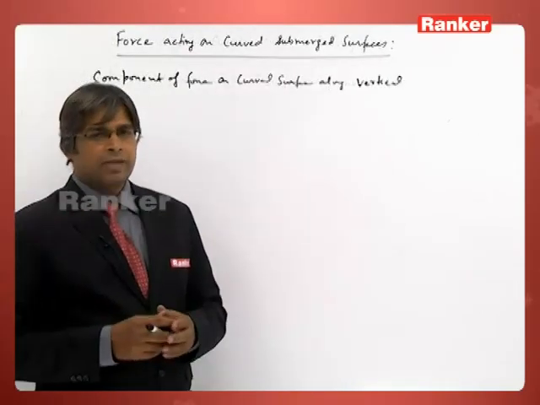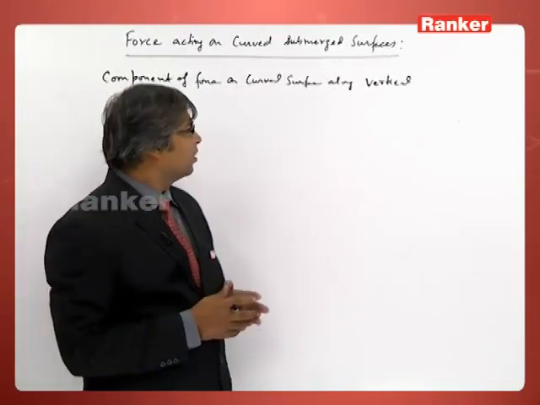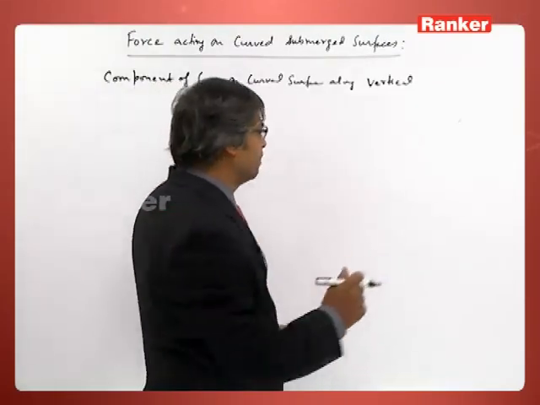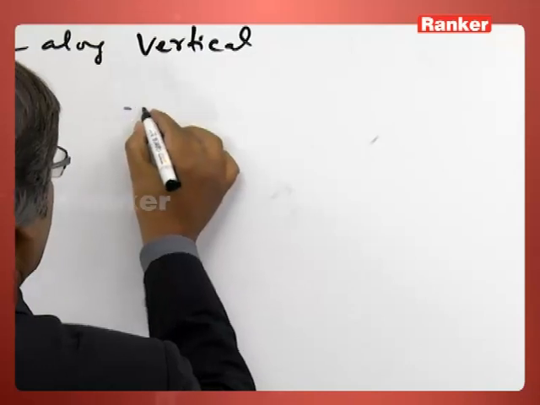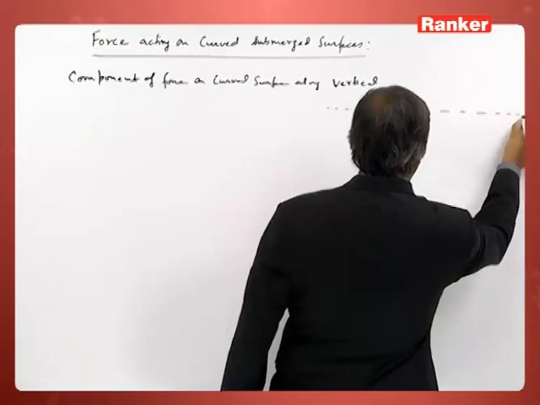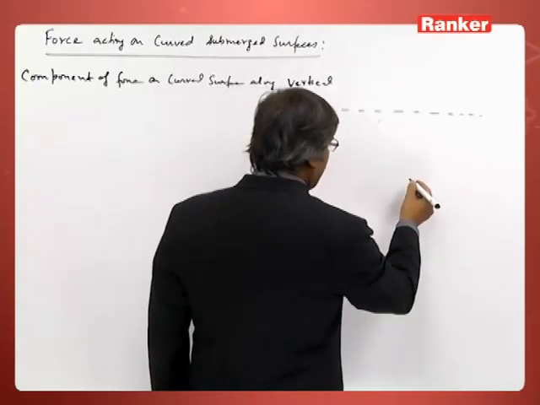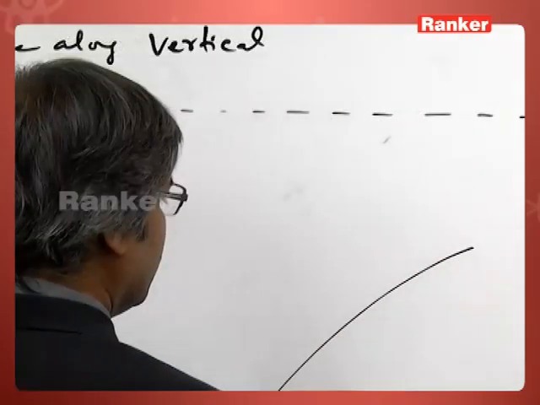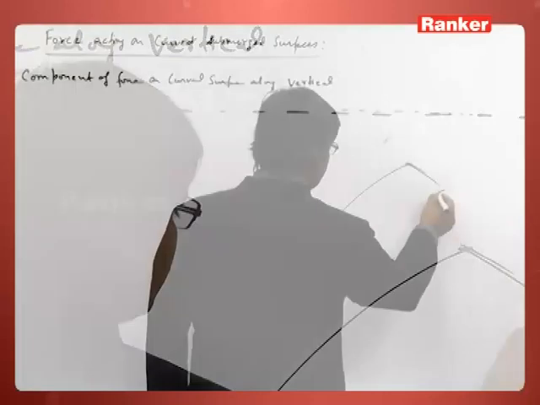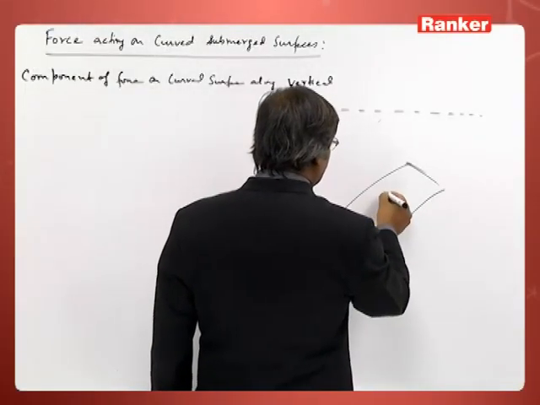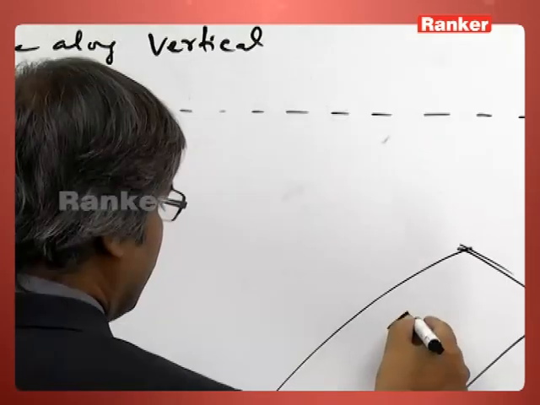Now let us calculate the component of force on the curved surface along vertical. So here this is the free surface of the liquid, and this is the curved surface. Suppose I say this is the curved surface. So we have taken a small element here.